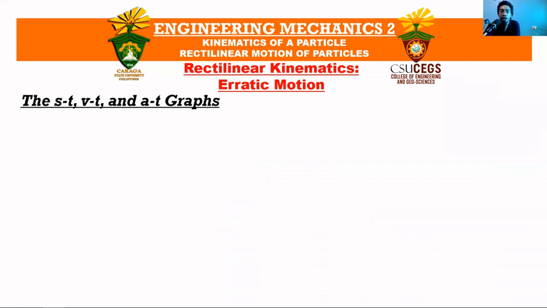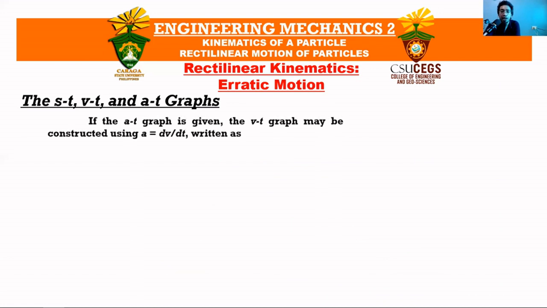If ever, instead of s-t graph, an a-t graph is given first in a problem, you can construct the v-t graph using, again, this kinematic equation, which is a is equal to dv over dt, and it is written as delta v is equal to integral of a dt.